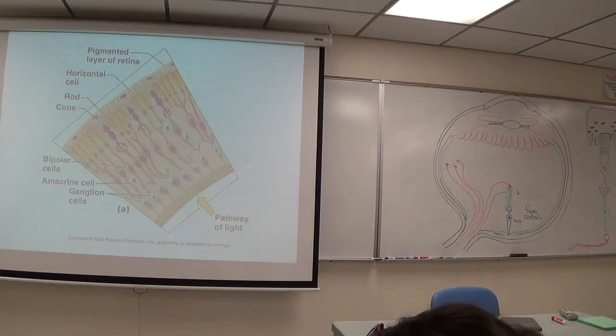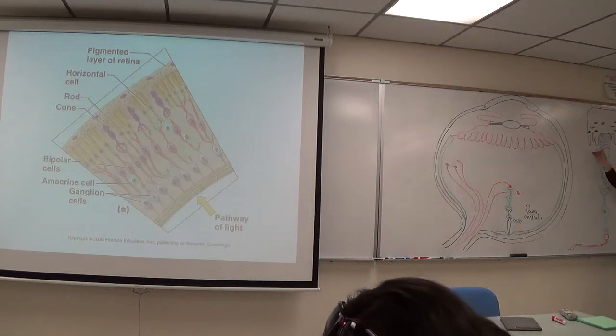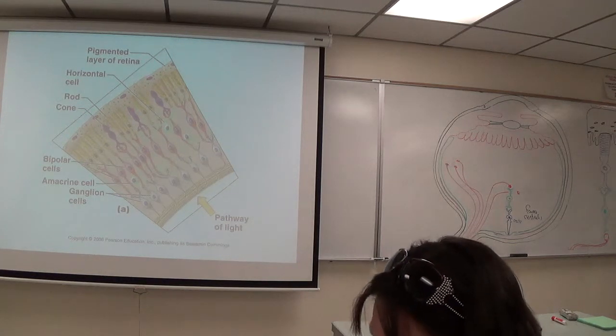And the reason for that is the rods are sensitive to low intensity levels of light, but not to color. The cones require a higher intensity of light, and so they're not activated by dim light.